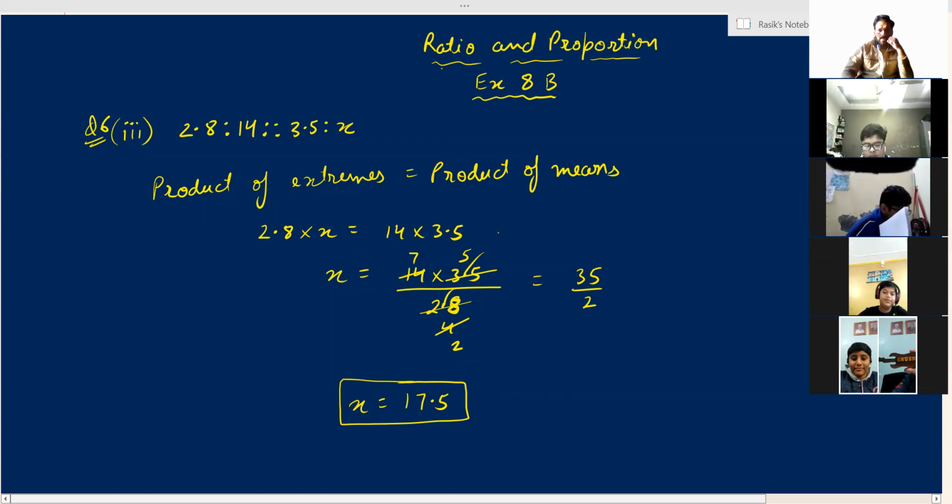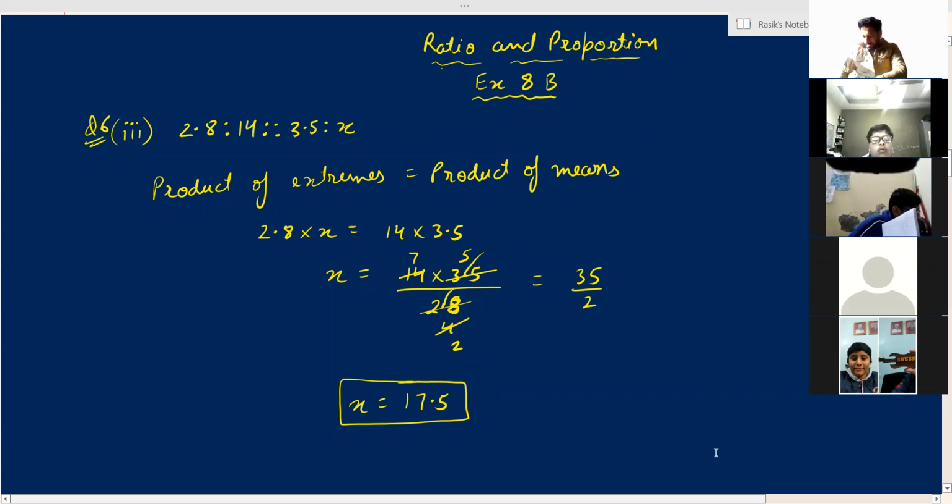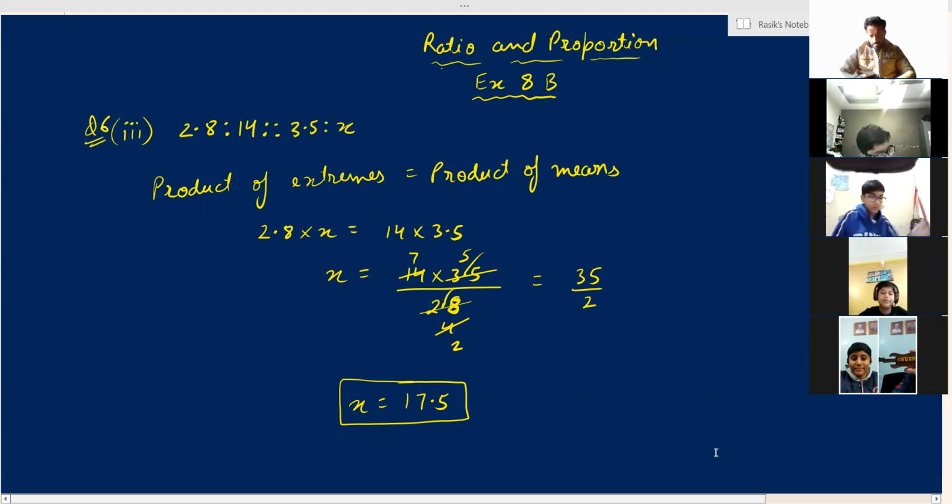Sir, this chapter is very easy in this maths book. Sir, please wait. 35 upon 2, x equals 17.5. So done. Good.